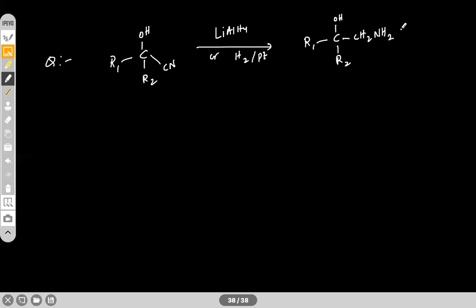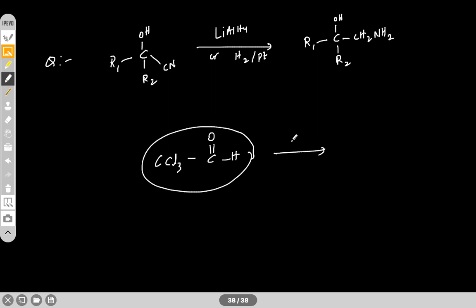Why? I'll tell you the exact reason in the next class. Basically, aldehyde and ketone do not react with water, but if you have chloral, CCl3 CHO, then this reacts with water, because the product that you get is stabilized through hydrogen bonding, which is this.